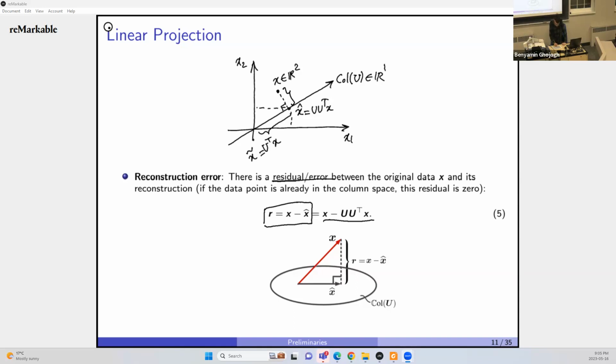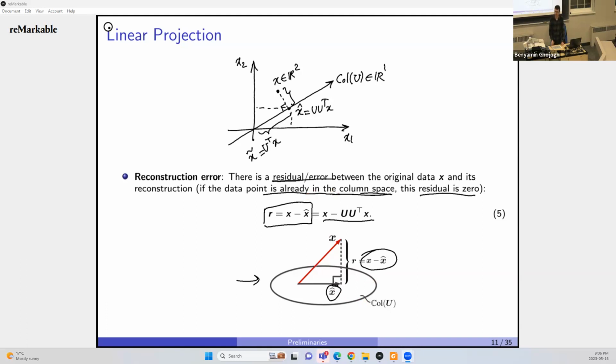You can see it in this way mathematically. Consider this is a column space. I'm projecting x onto this column space and then seeing it again in d-dimensional space. And there is some residual error between them. Okay. By the way, if the data point is already in the column space, what happens?